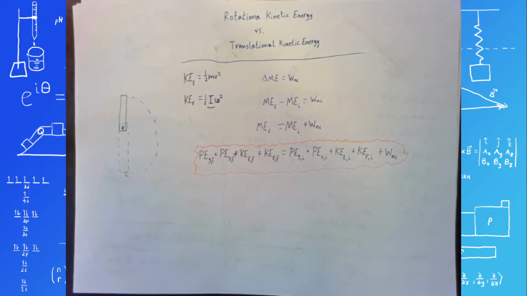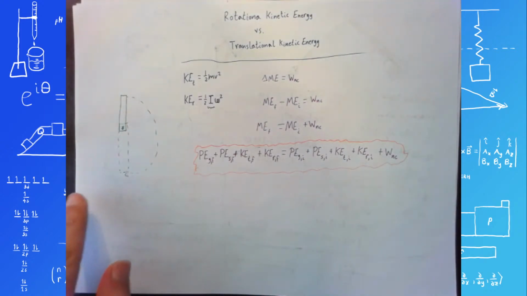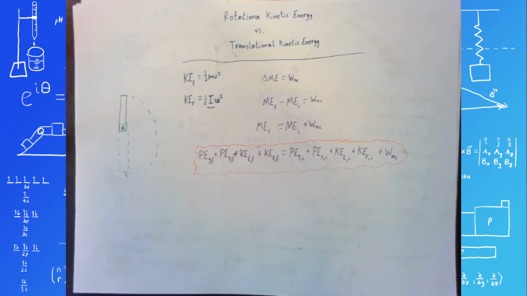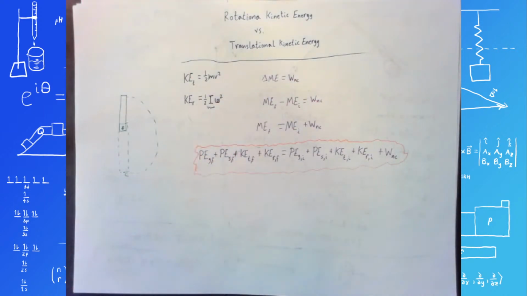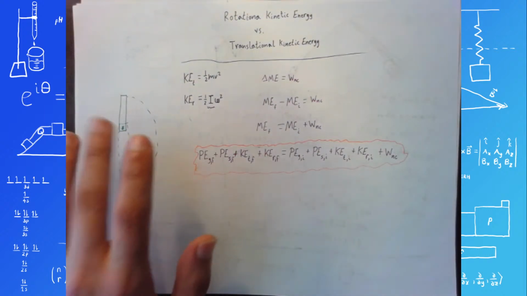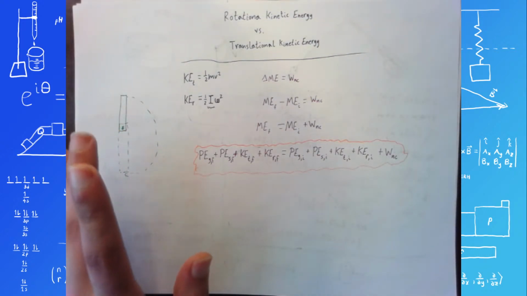But yeah, in a situation like this, the only kinetic energy that we have is rotational kinetic energy being gained as the object swings down, because while the center of mass may move, the axis of rotation does not. So this would strictly be rotational kinetic energy here.